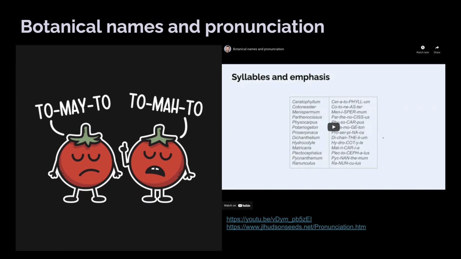Not just people who speak English, people in any part of the world, people in China are using these names for their plant species. And so they might not pronounce them anywhere close to how you pronounce them. And that's okay. To be honest, these names are really in place so that we can use them in written language. More important than that, the next most important thing is that if you're talking with someone about a plant species, you both know what you're talking about.